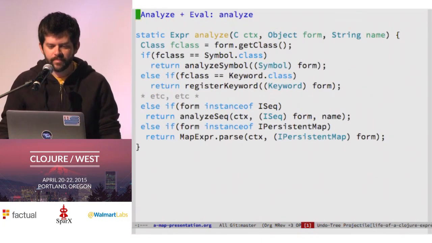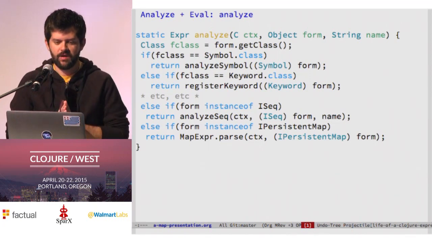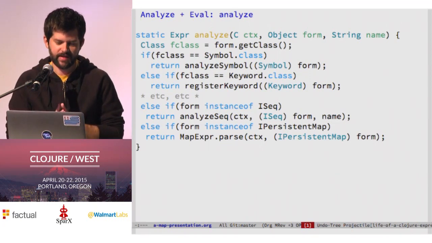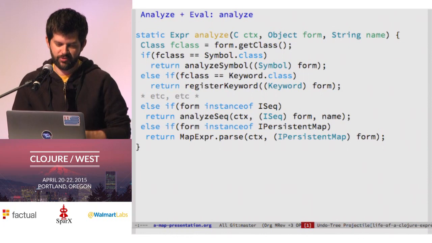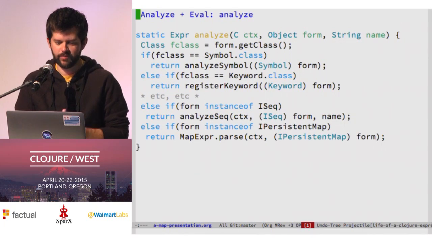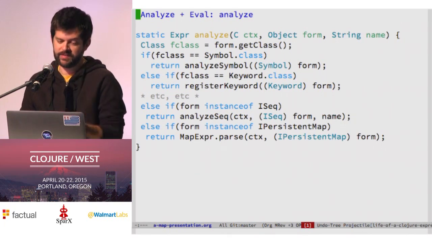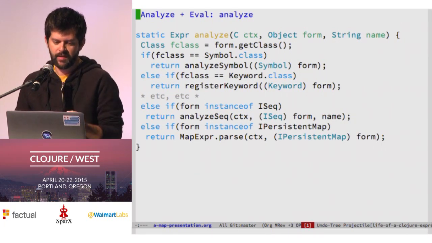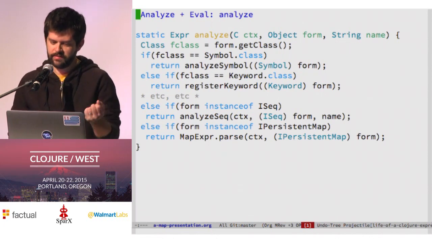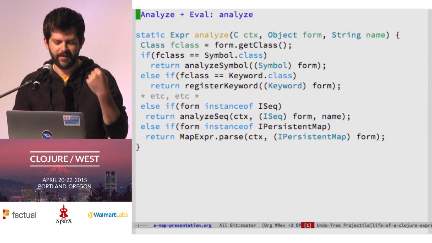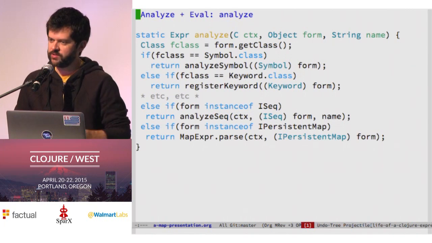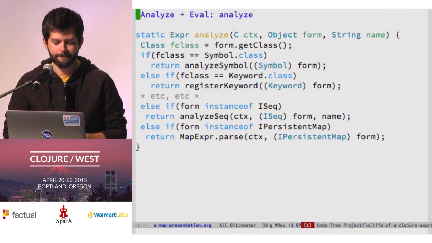Okay, so we come into analyze. And analyze basically has this form pretty much throughout. I've removed a whole lot of cases that we're not going to run into in our code, but it looks at the type of the form, and if that form is a symbol, then there's an analyze symbol method for that. If that form is a keyword, then there's a register keyword to handle that.